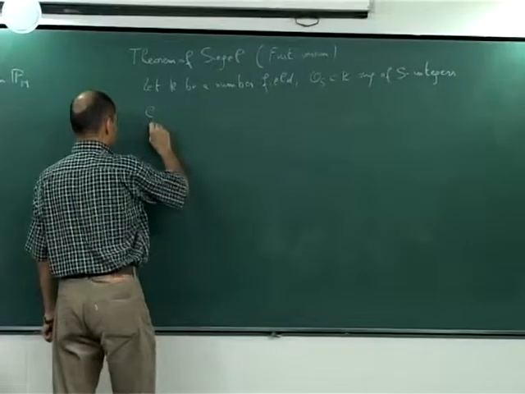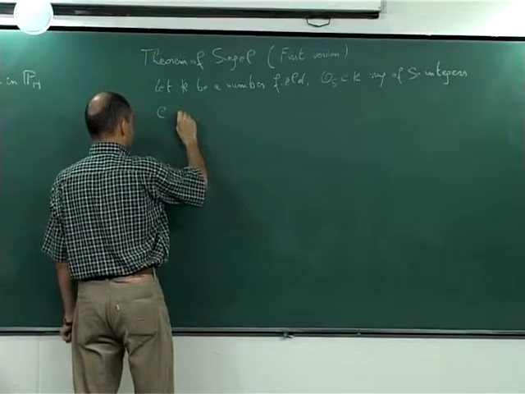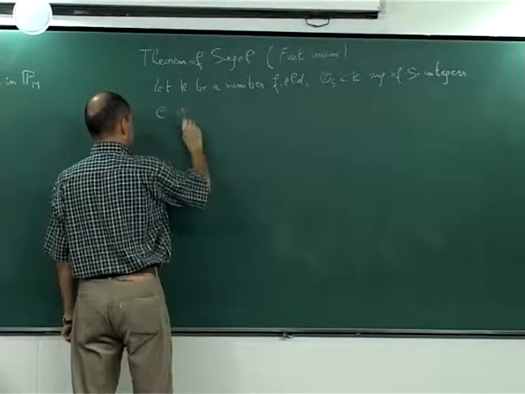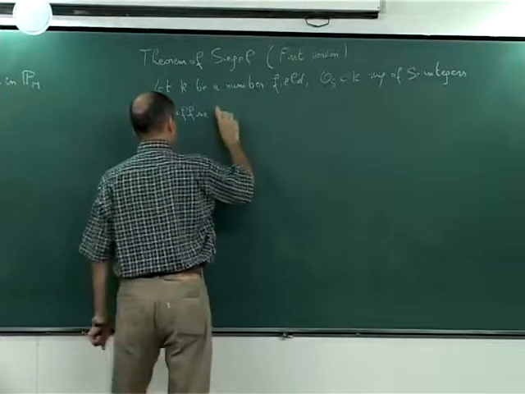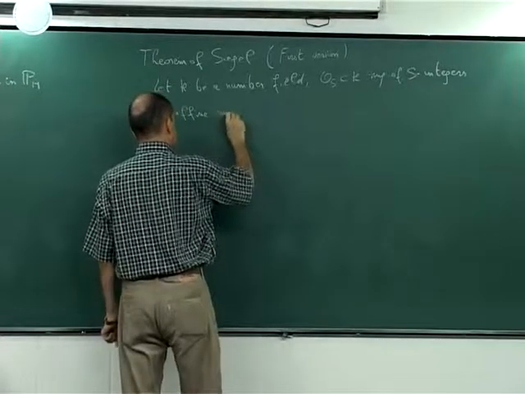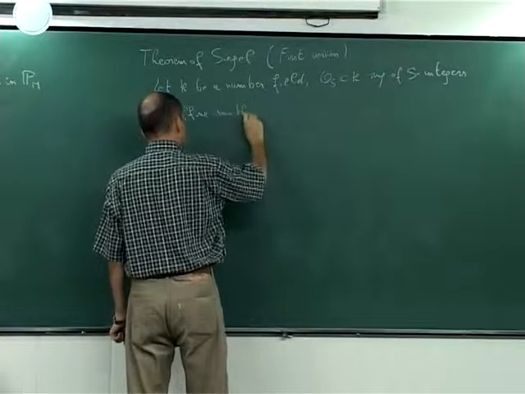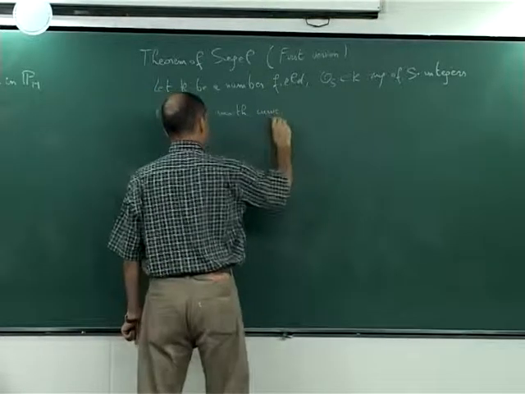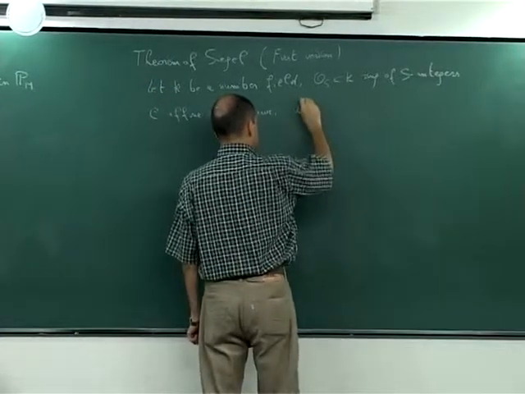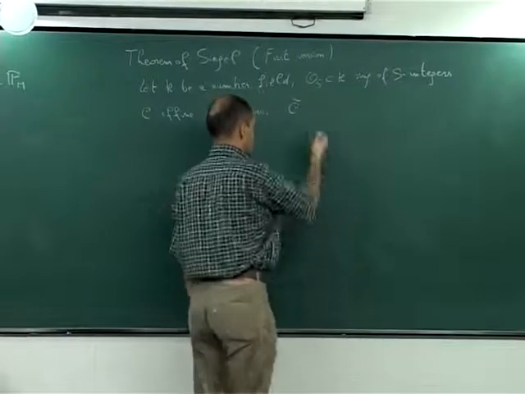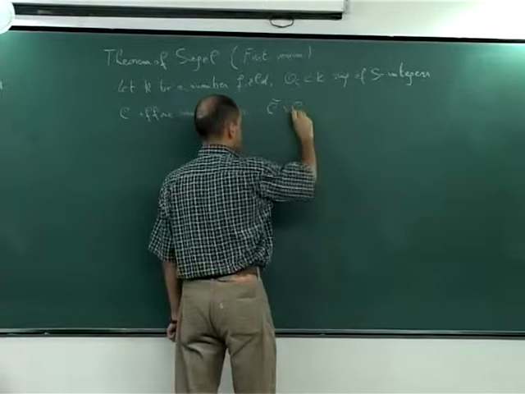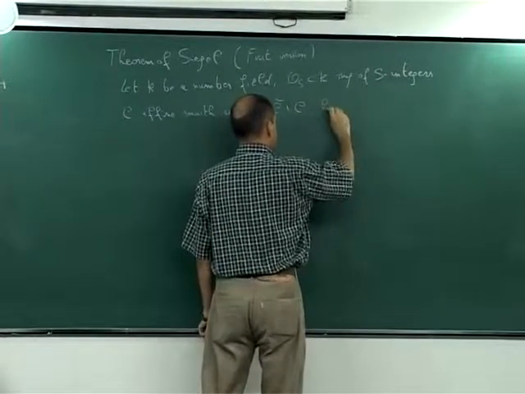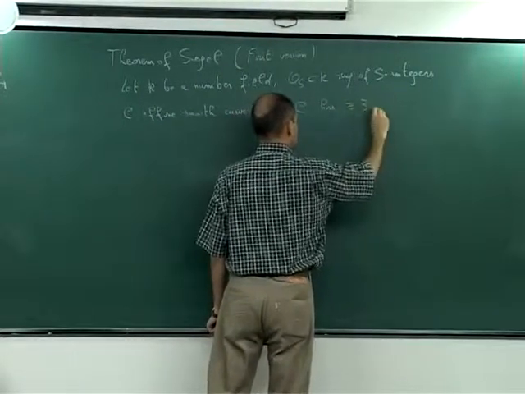So C is an affine smooth curve, C tilde is its completion, and we suppose that C tilde minus C has at least 3 points.